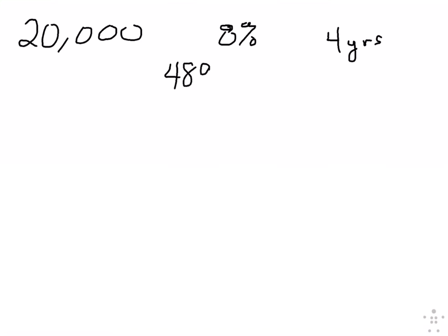You're borrowing $20,000 at 8% annual interest compounded monthly for 4 years. And you're making a monthly payment of $489. Okay?